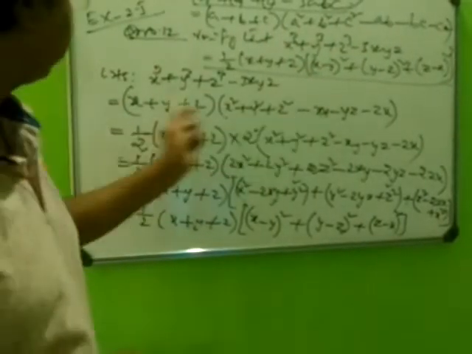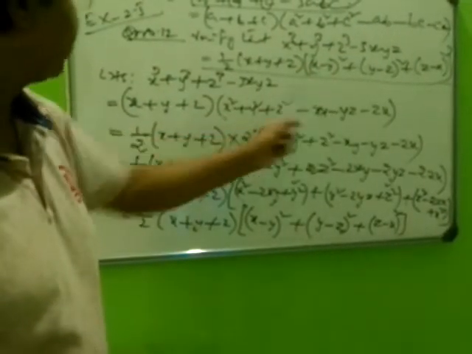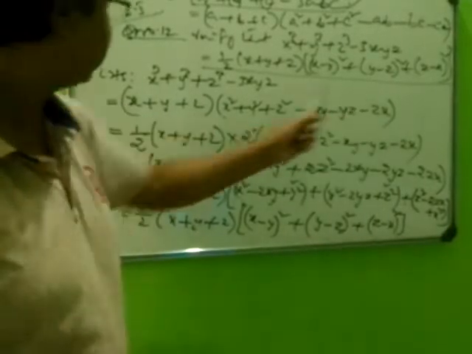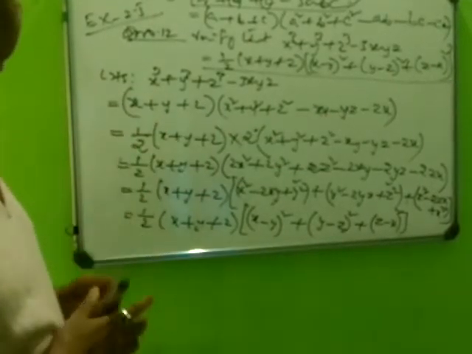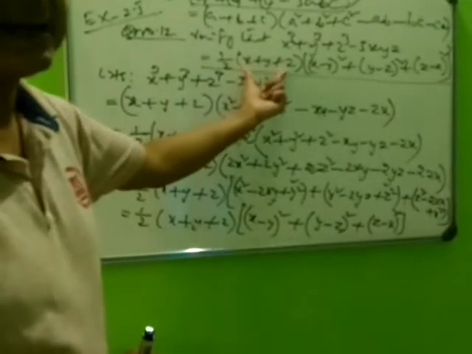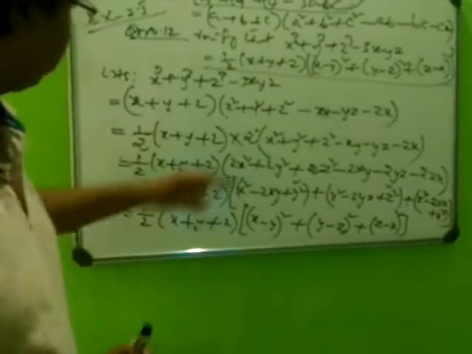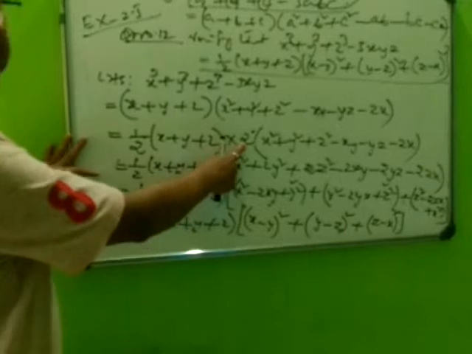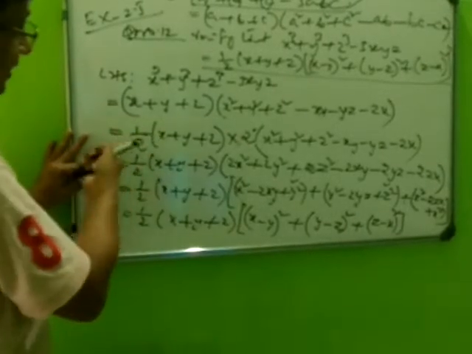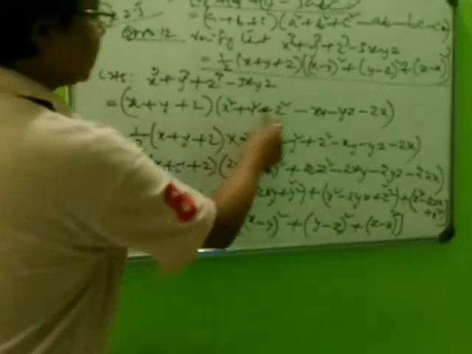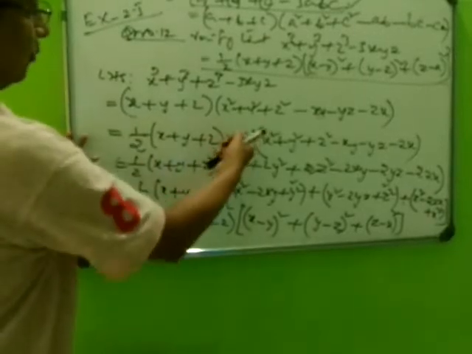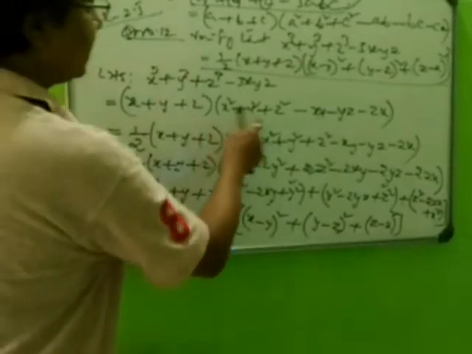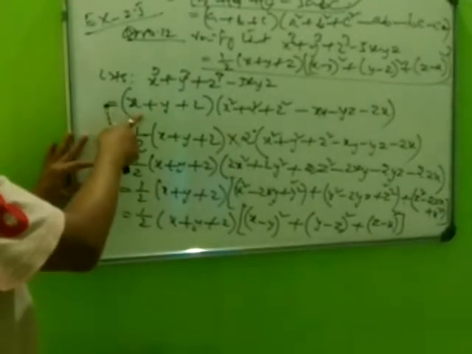So minus xy minus yz minus zx. Then I took half by seeing this right hand side. So I took the half, so half of x plus y plus z. Then I took here 2, multiply 2. Because if you cancel this 2, you will get the same step as the first step.